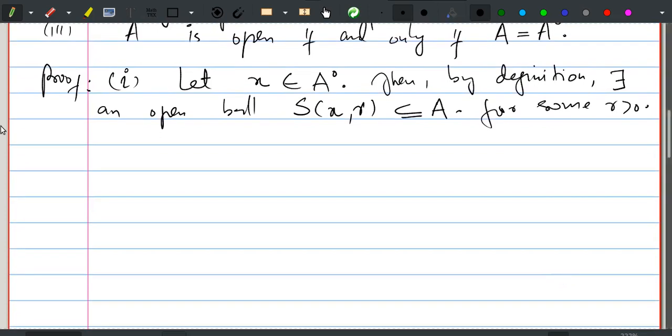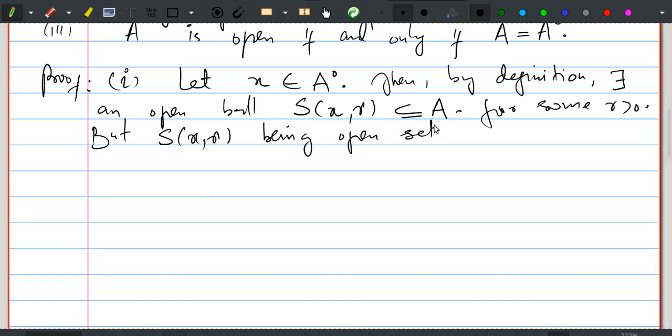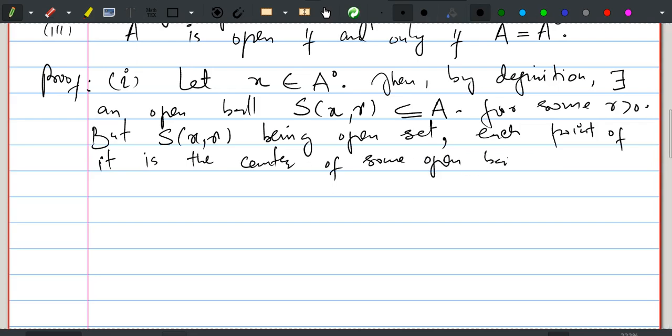But S(x, r) being an open set, each point of it is the center of some open ball contained in S(x, r).